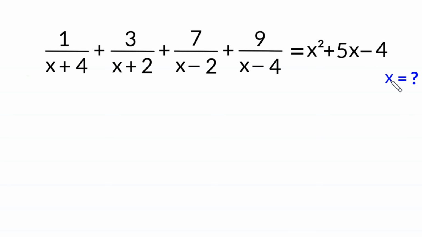So let's start. First we move this negative 4 to the left hand side. We write this 4 as 1 plus 1 plus 1 plus 1.